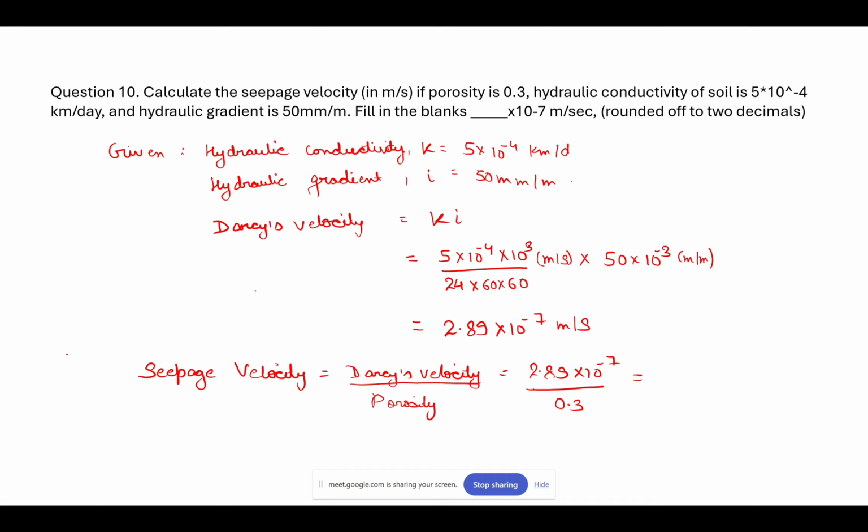So it's coming out to be 9.63 into 10 raised power minus 7 meter per second. So this is the required seepage velocity.